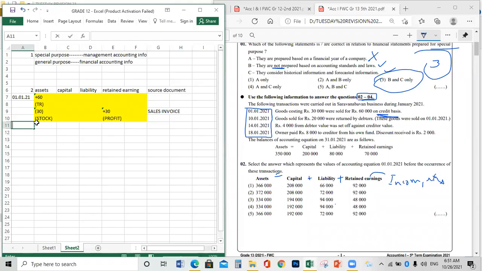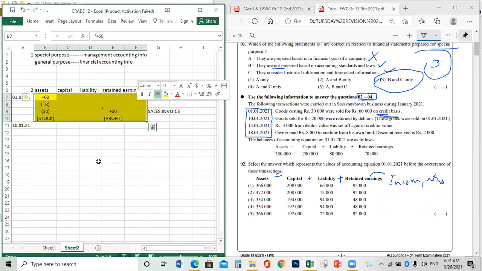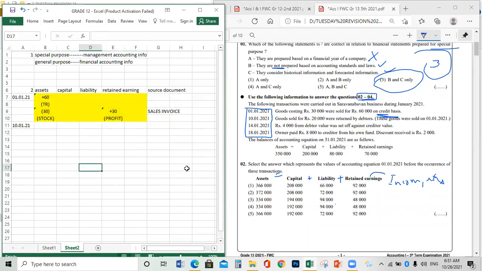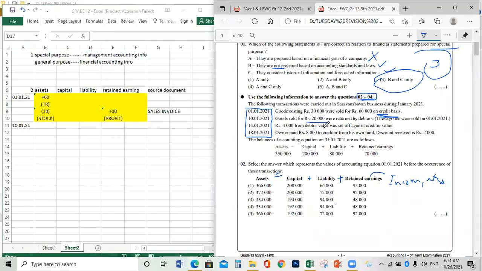That is going to be 10th of Jan. Okay, let's see. Goods sold for 20,000 was returned by the debtor. These goods were sold on 1st of Jan. So guys, we sold goods, right? Now they are telling us they have returned how much worth of goods? 20,000 worth of goods sold for 20,000 was returned.